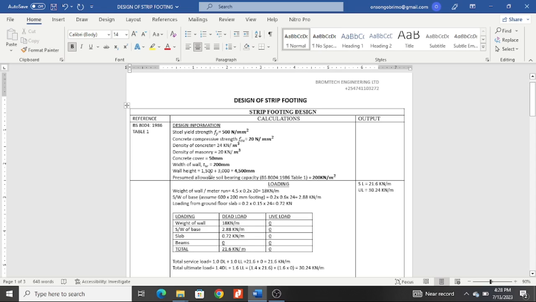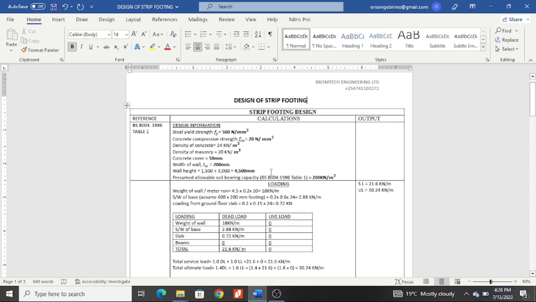Here the density of this masonry sometimes varies from 18 to 22 kilonewtons per cubic meter. One of the stones that I determined its density in the laboratory was around 19 point something, so I assumed the use of 20 kilonewtons per cubic meter as the density of masonry.